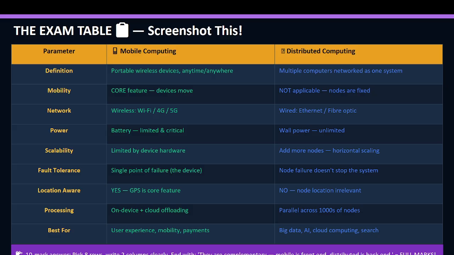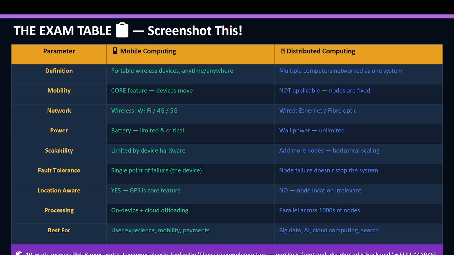Mobility, core feature, device moves. Not applicable, nodes are fixed in distributed. Network, mobile wireless, distributed wired. Power, mobile battery limited and critical, distributed wall power.